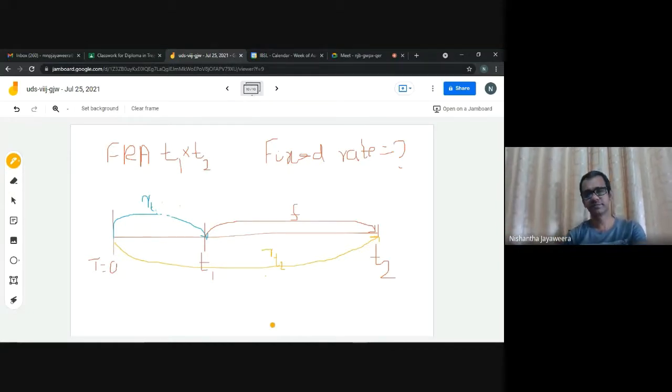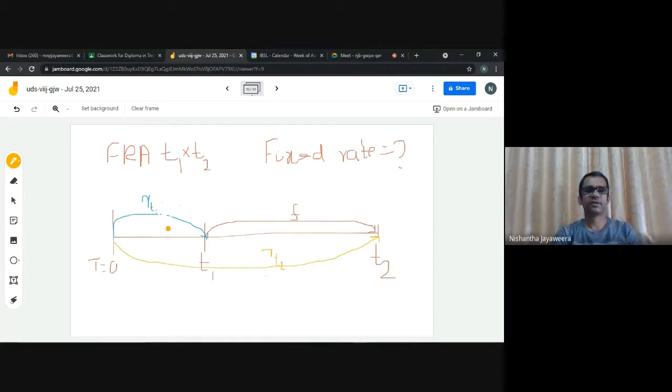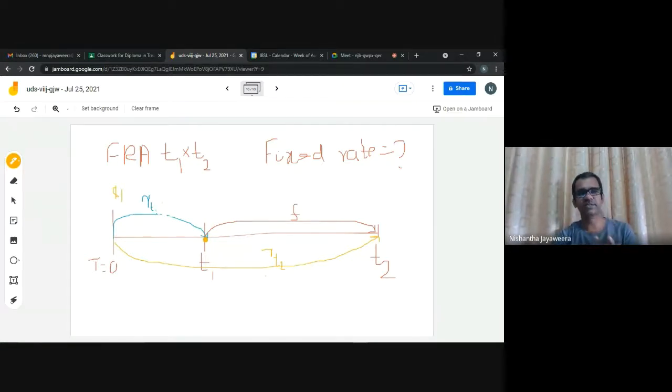Again, this is a sort of arbitrage. So what do we do? We assume that you invest 1 rupee or $1 here for 1 month, or whatever this T1 period is, then you take the proceeds on maturity and invest that for another 6 months, or whatever the remaining period is.